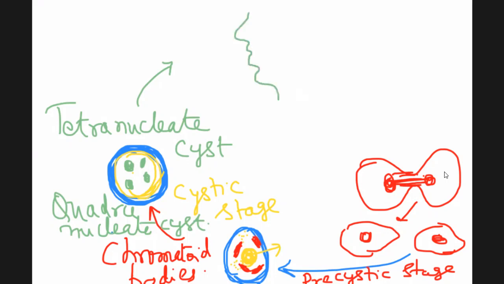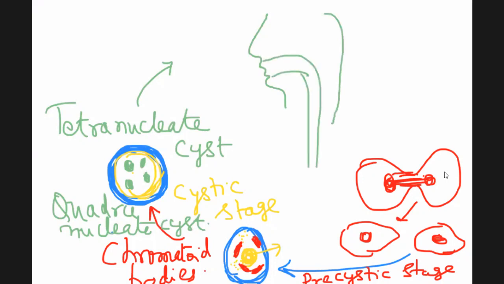So through contaminated food and water, it enters the stomach, then the small intestine. In the small intestine, there is an enzyme, trypsin. It will digest the cyst wall.